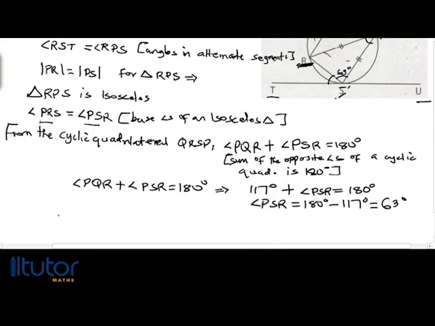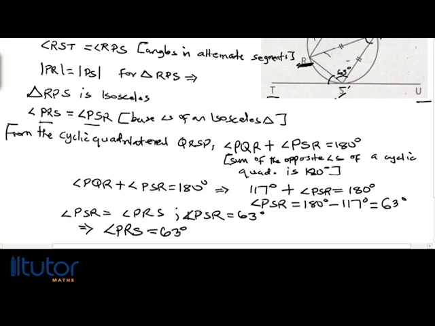Since angle PSR is equal to angle PRS, and we got angle PSR to be 63 degrees, it implies that angle PRS is also 63 degrees.